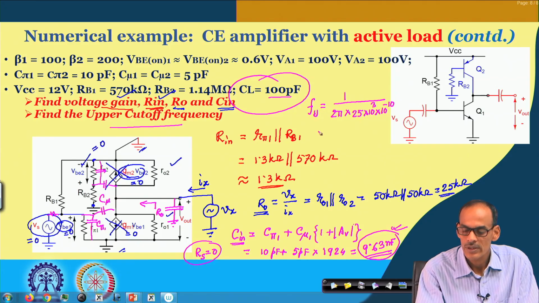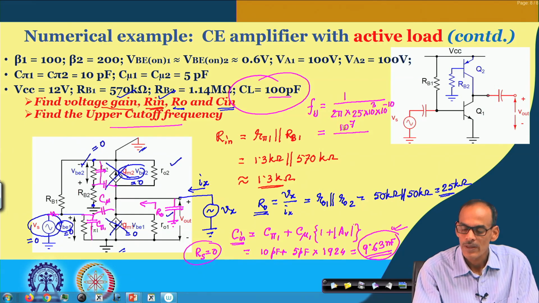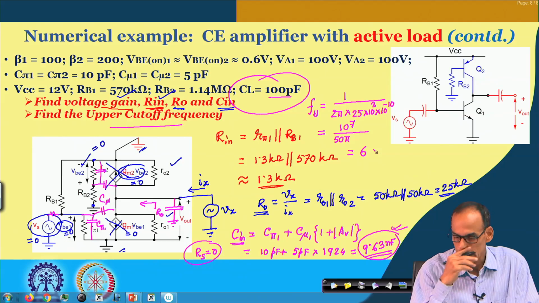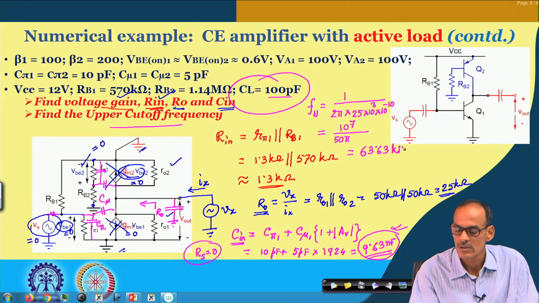If you calculate this, it comes to 10 to the power 7 divided by 50 pi, and that is close to 63.63 kilohertz.